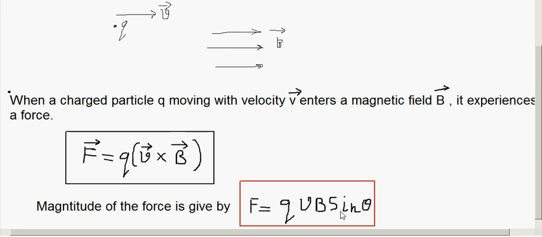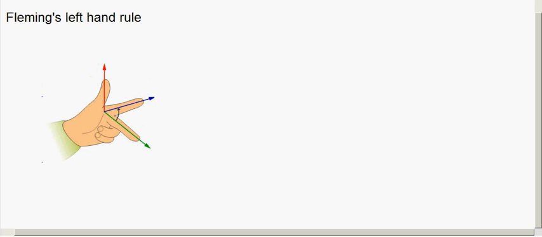Now, how do we find the direction of the force? The direction of the force is given by Fleming's left hand rule. How can we state this? Stretch the first three fingers of your left hand, that is thumb, forefinger and the middle finger, mutually perpendicular to each other, so that the forefinger gives the direction of the field.